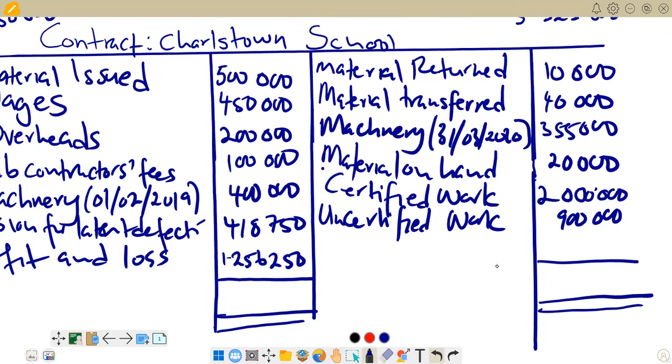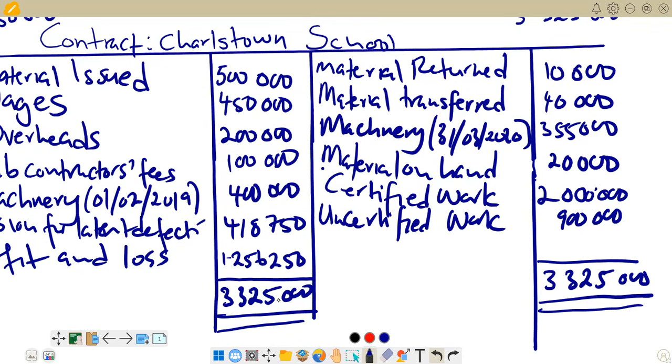Remember the bigger side total that we got there was 3,325,000, and then we have got 3,325,000. So that is what we have on the first part of that question.